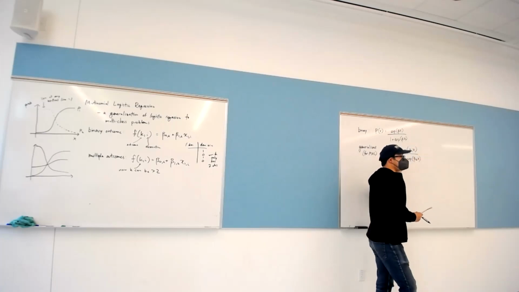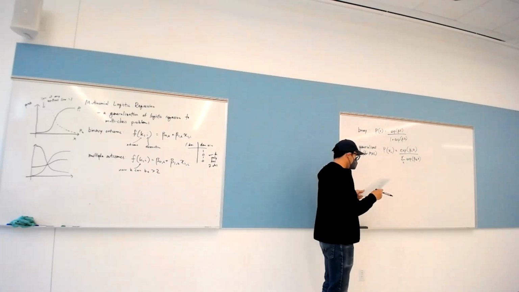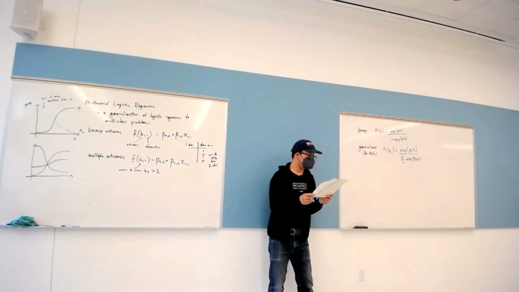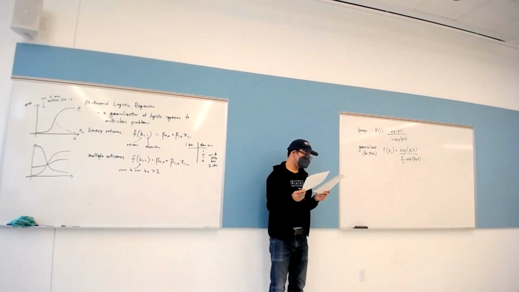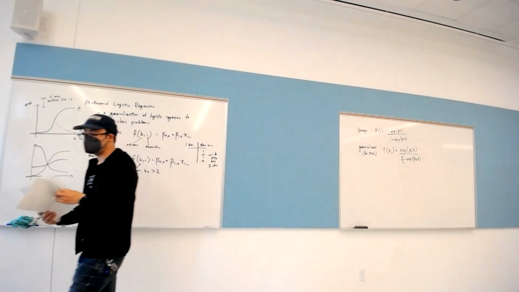And then in the denominator, you're adding up this term for every other possible outcome. And that guarantees that you have some kind of probability of this relative to all of your other outcomes. Okay. Any questions?